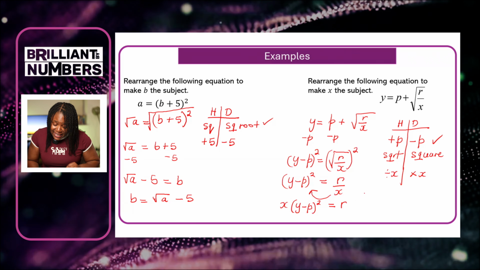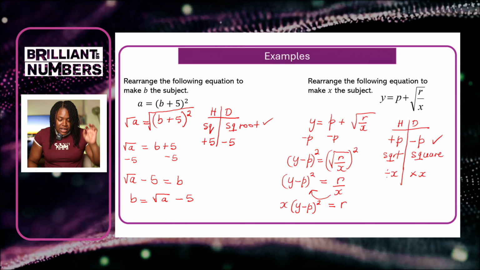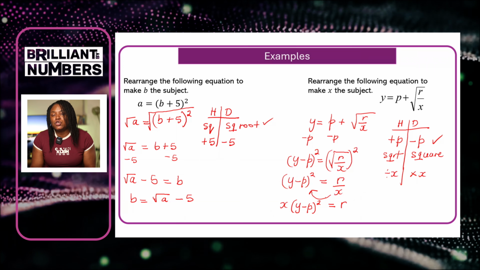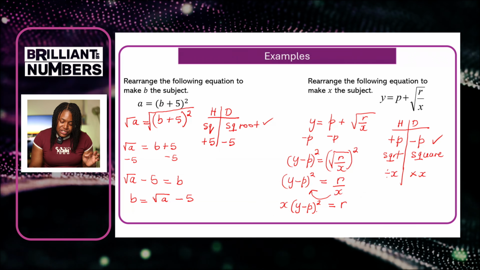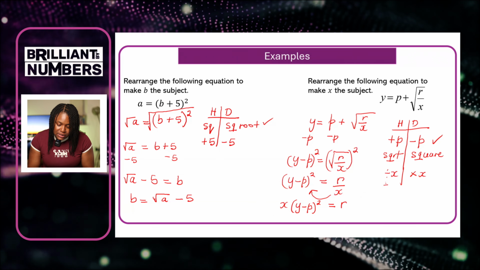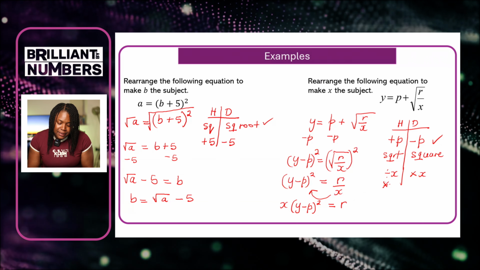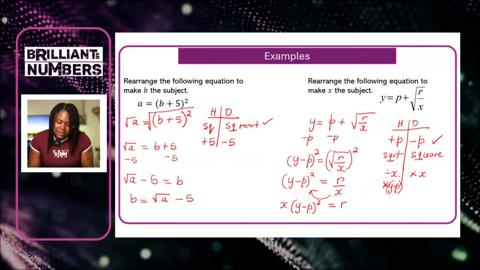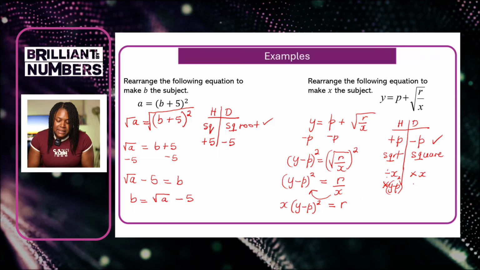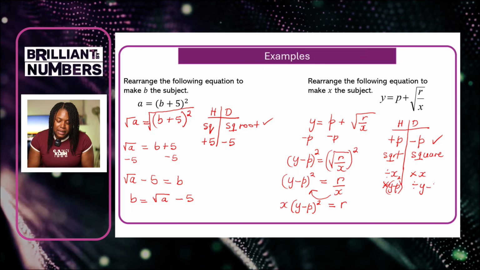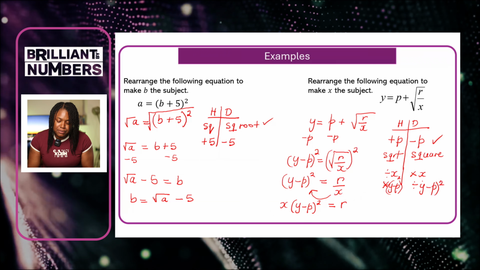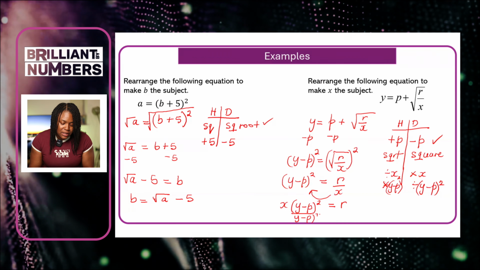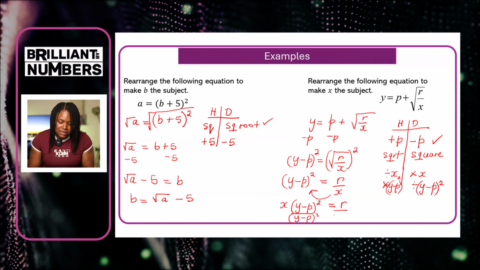Brilliant. We're not there yet. One last step to go. Now I'm multiplying x by y minus p squared. So what I need to do now is to divide. So we need to divide by y minus p squared in brackets, and we're going to do that on the other side as well.